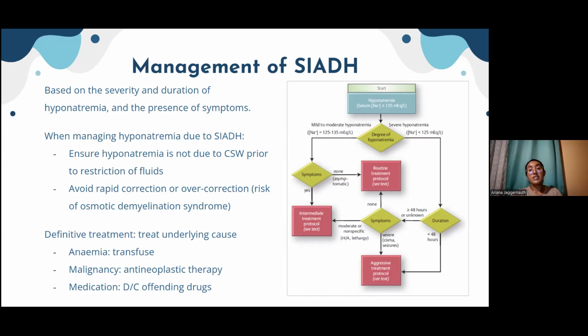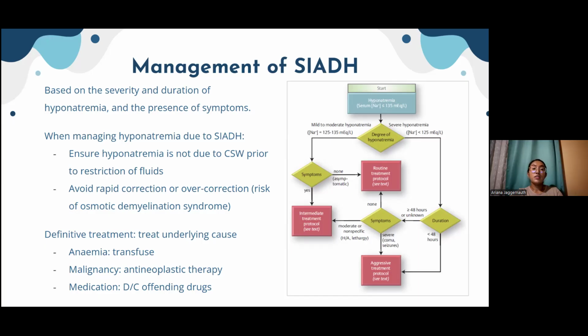In cases where a patient has severe hyponatremia, so sodium is less than 125, and they exhibit severe symptoms, if they have acute hyponatremia, we can proceed to aggressive treatment protocol, which usually requires ICU admission. If they have chronic hyponatremia, then we assess the symptoms. If they are asymptomatic and relatively well, we can replace via the routine treatment protocol. However, if they do exhibit severe symptoms, again, proceed to aggressive treatment protocol.